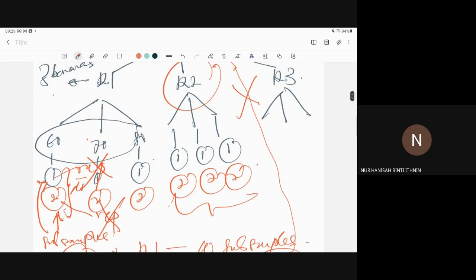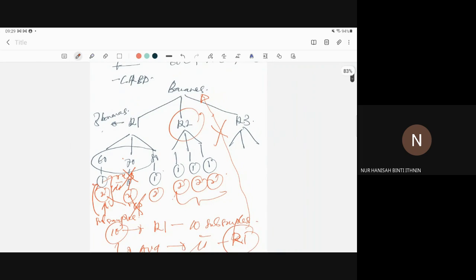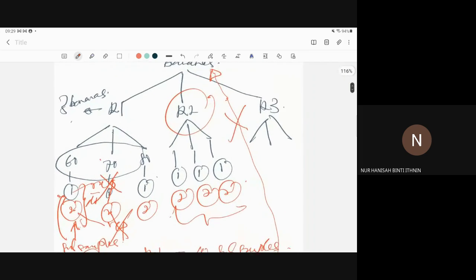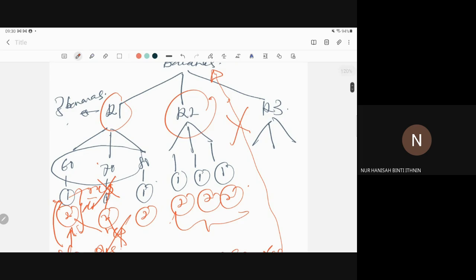Subsampling means that if you take rep 1 of bananas, for example, you take one tandan. Within this tandan, you feel that it is not that homogeneous because usually for bananas, within a tandan, you have differences. So you are concerned about it.